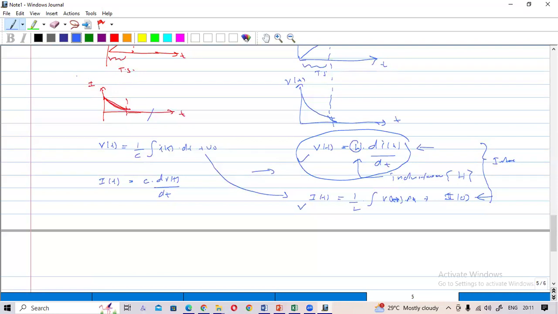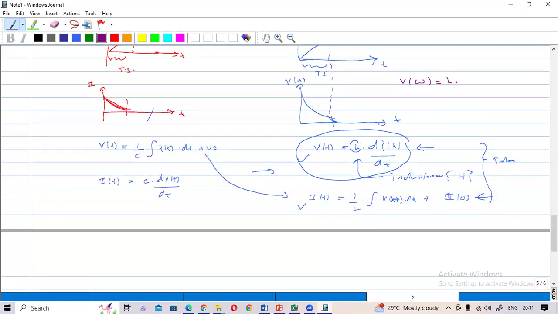And in the same manner, if we do the domain transformation, V(t) is transformed to V(omega) in the frequency domain using the Fourier transform.